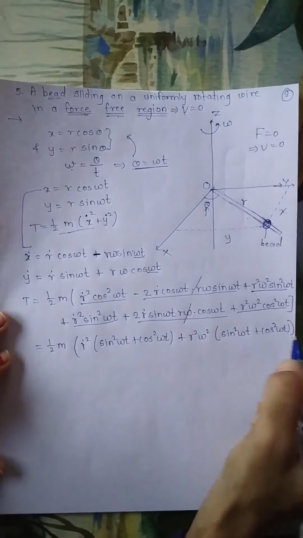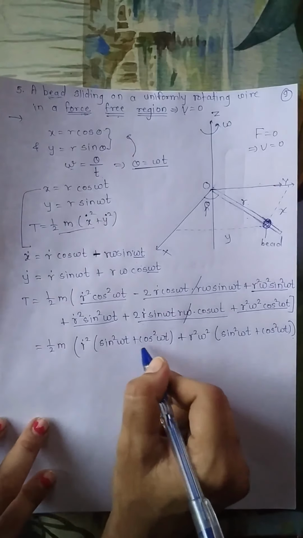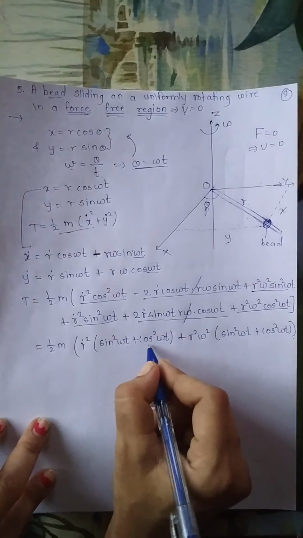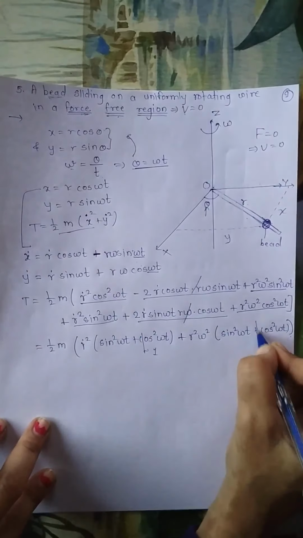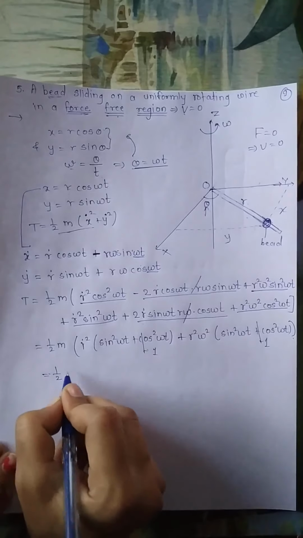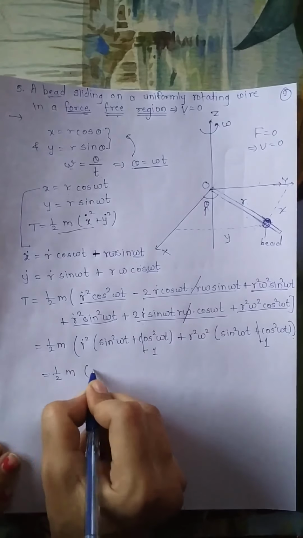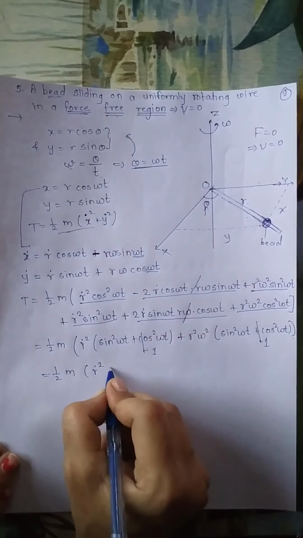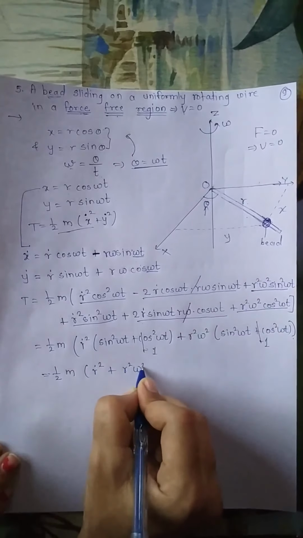Using the identity sin square theta plus cos square theta equals 1, both terms become 1. We get half m times r dot square plus r square omega square.